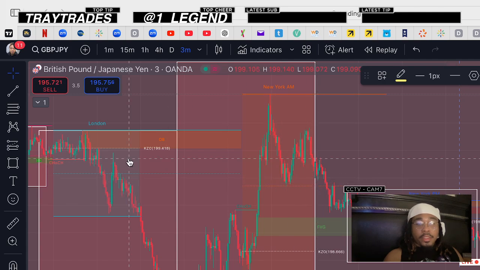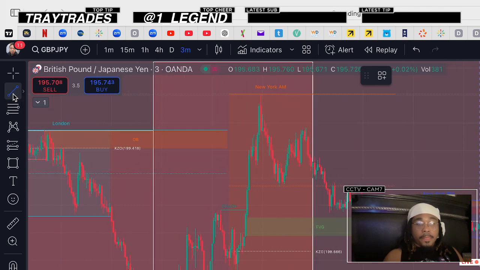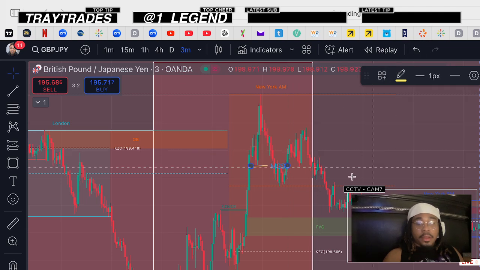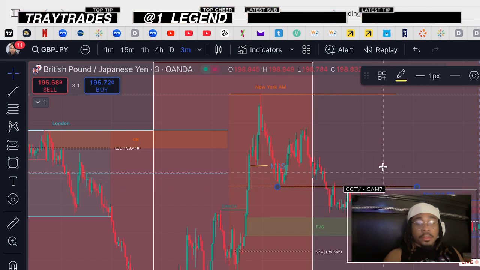Once price breaks this level, we have a certified market structure shift. You can call this right here a market structure shift too, because it did break it, right? So we got our market structure shift right there, and our confirmation market structure shift is right here, when price breaks below this.